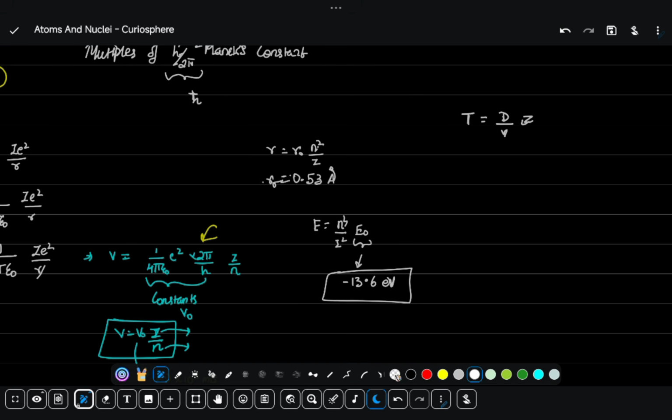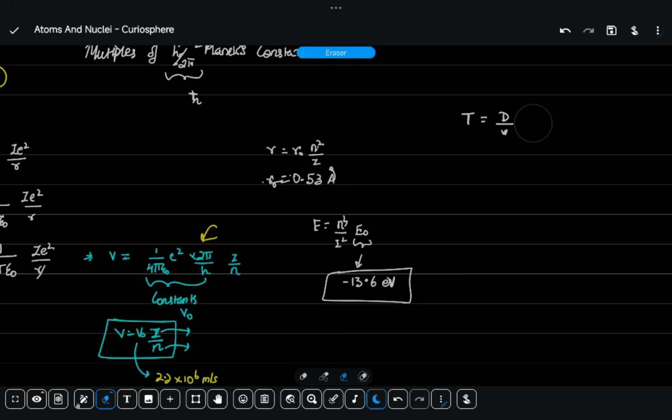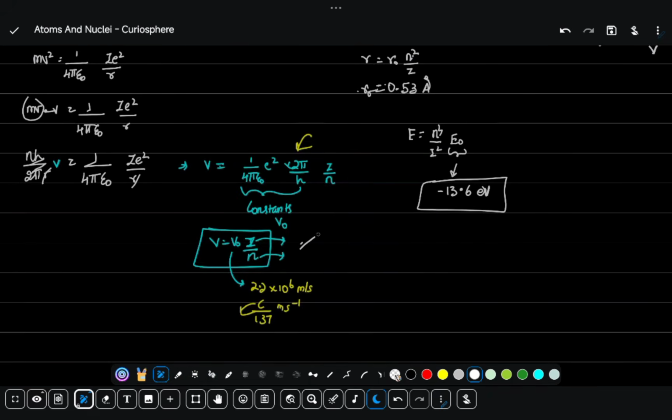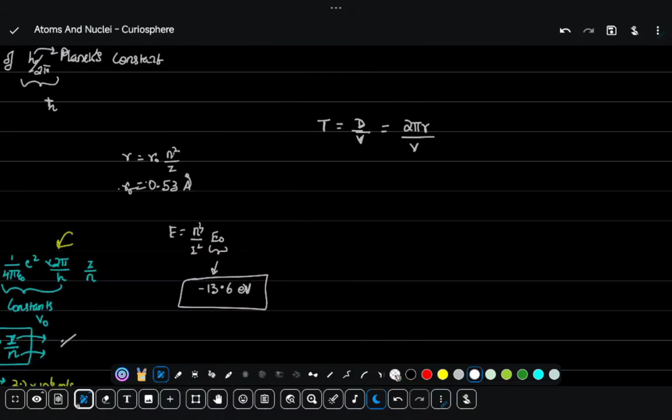The distance traveled is one whole revolution of the electron around the nucleus, that is the circumference of the orbit, 2 pi r, divided by the velocity v. Now the velocity of the nth orbit you have here, you just substitute it and you will get it.